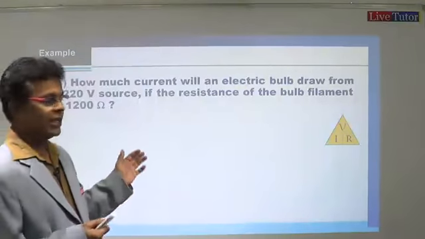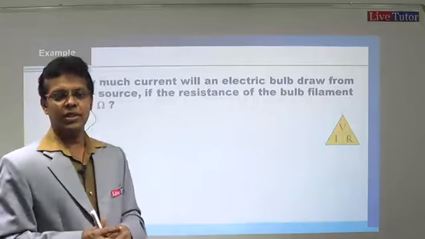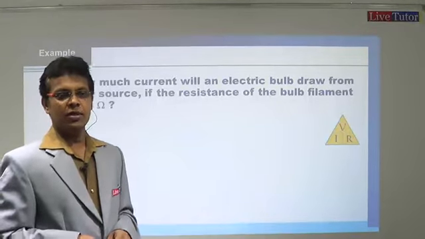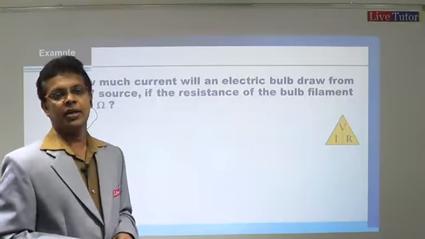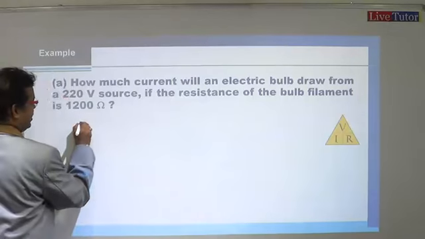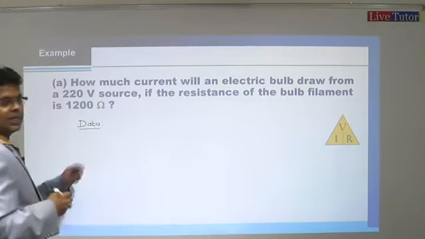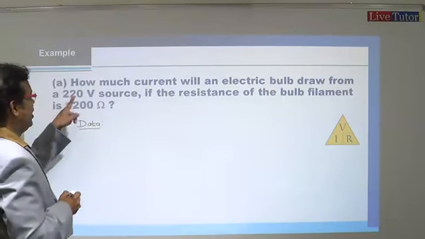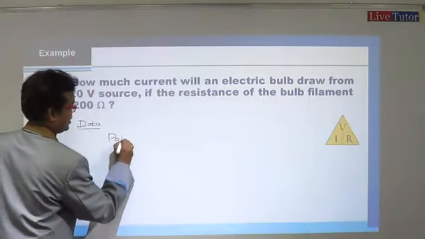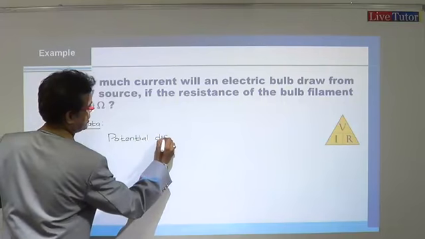So I'll just solve that. You can also note down whatever problems we solve, if you have a notebook. Please note down. It will be easy for you to refer in the future. Now let us take what is the data given. Voltage is given, that is potential difference.